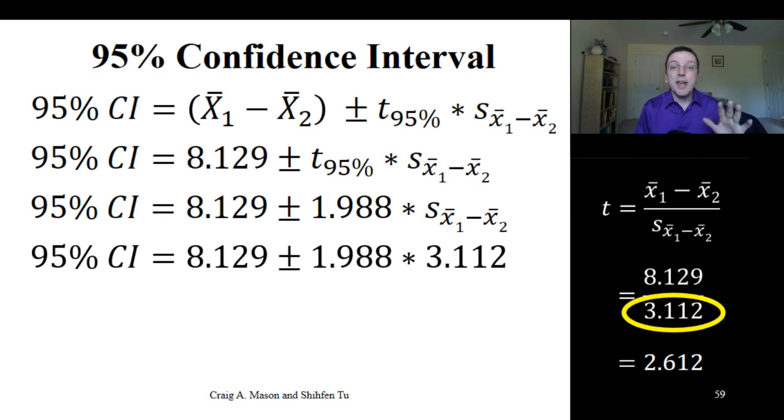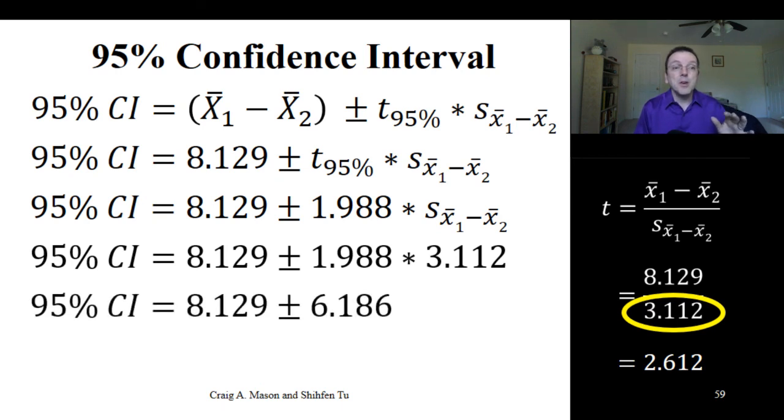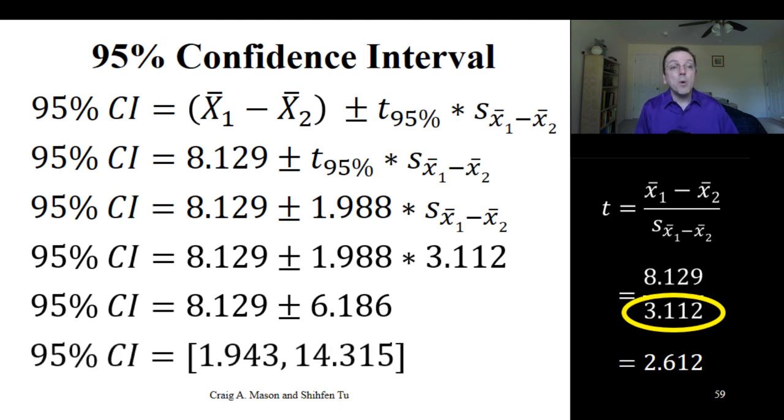Solving that multiplication, it reduces to 8.129 plus and minus 6.186. Solve that, and we see that our 95% confidence interval ranges from 1.943 up to 14.315.